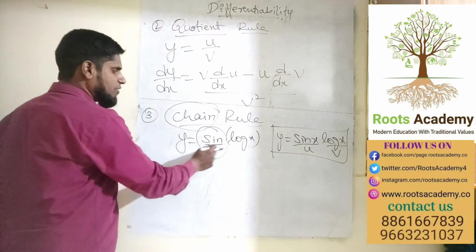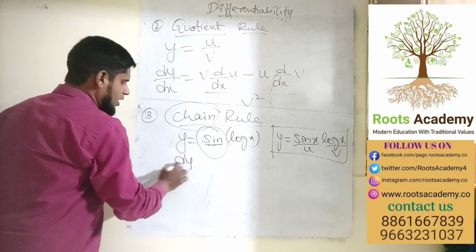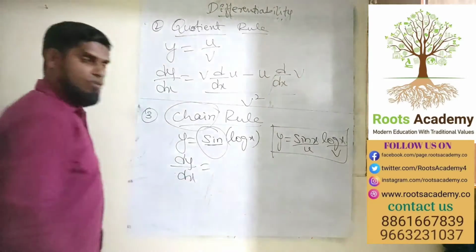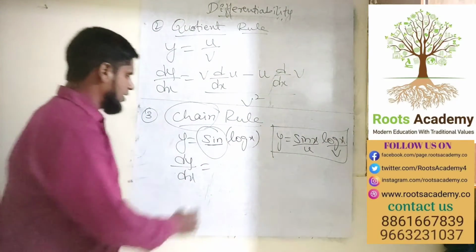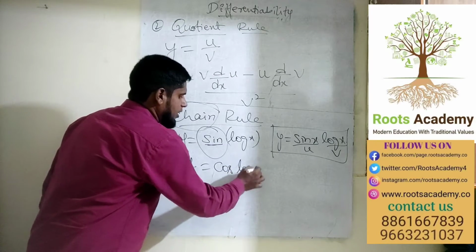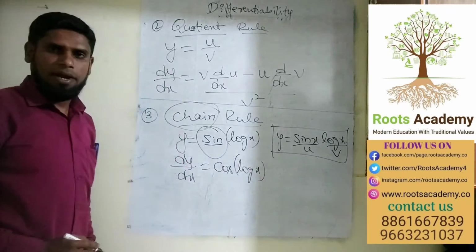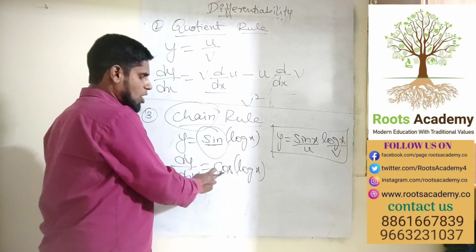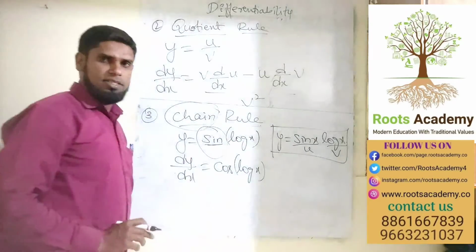So if I want to differentiate this, then I can write dy by dx is equal to, first, derivative of sine. Its derivative is cos. As I said, the derivative also has the same angle. This sine has angle log x, so cos will also have angle log x.